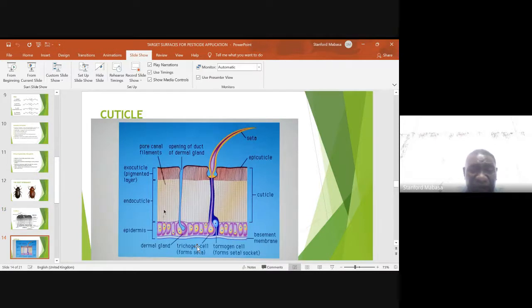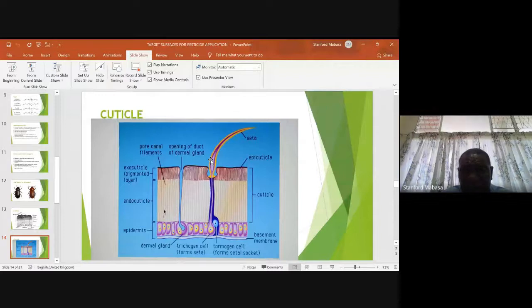This one is the simple diagram which we may use concerning the cuticle. We have the epicuticle right at the outer surface. Then this whole region is the cuticle. Then at the base, we have the epidermis.